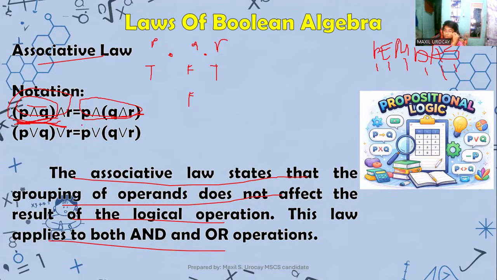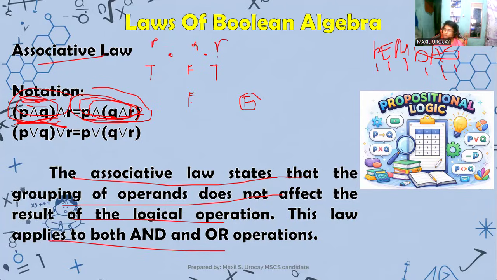And then the result from here, false times true, is false. So this is the answer for the first one. Let's see if the other will also be equal to false.